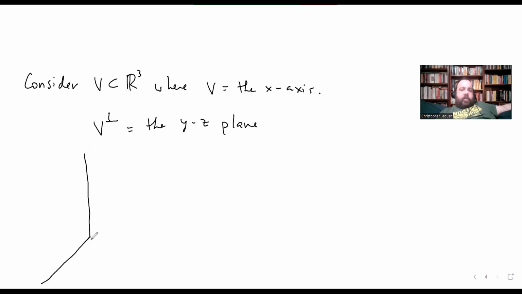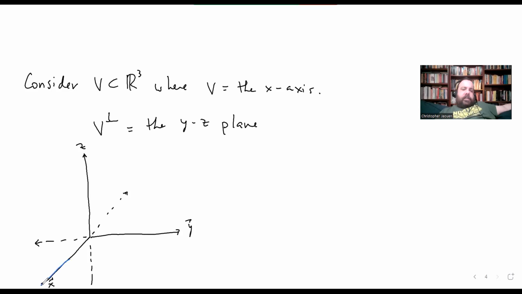Just so you can see why that's the case, let me draw an admittedly terrible picture, but let's say this is the x-axis, this is the y-axis, this is the z-axis in R3. So if you take the x-axis, let me draw it in a different color here.